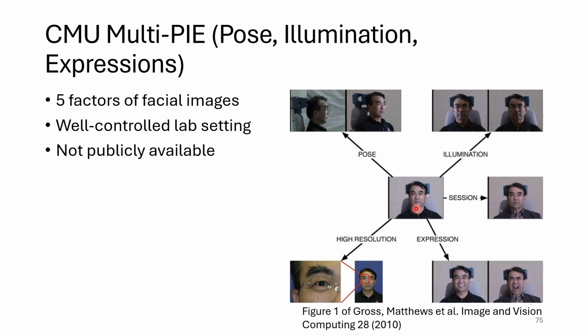So to compose this dataset, they used a whole year to generate those images. They also provide some high-resolution versions and different facial expressions. So this is a huge dataset. There are more than 300 gigabytes for the whole dataset.